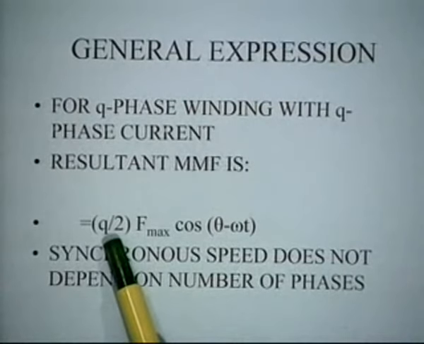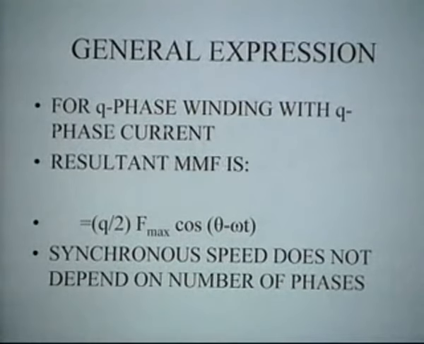The conclusion is general for any polyphase winding with q number of phases, but the currents also should be q phase. You can't have a 6-phase winding with 3-phase currents, right. So, if you have 6-phase windings, you must have 6-phase currents phase shifted by 60 degrees, not 120 degrees.